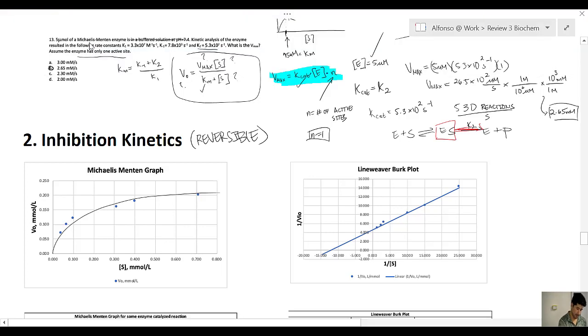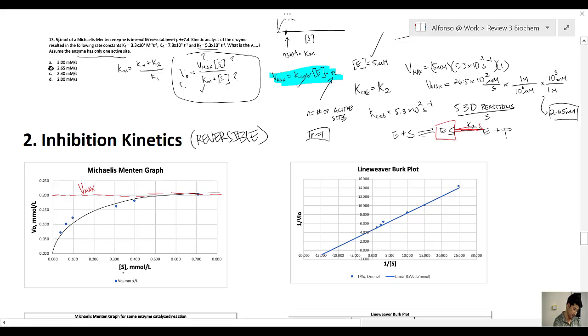Anytime that you're given a Michaelis-Menten graph, the first thing I want you to do is find your Vmax. If we do that together, we'll find that this upper limit right here is our Vmax, our maximal velocity.